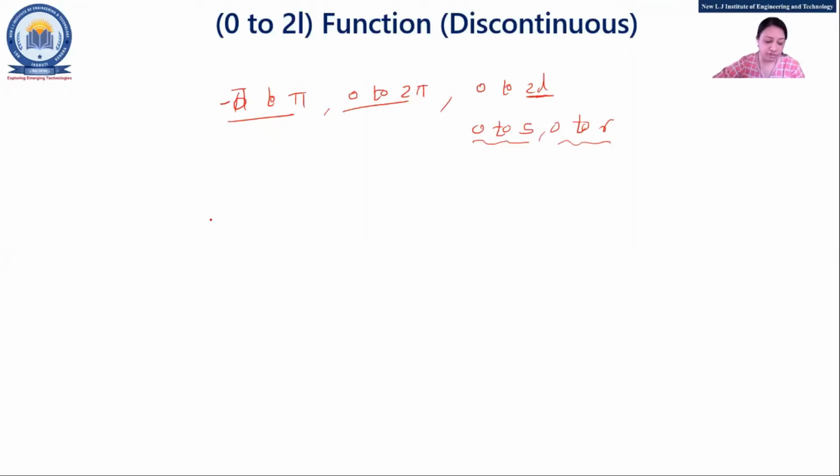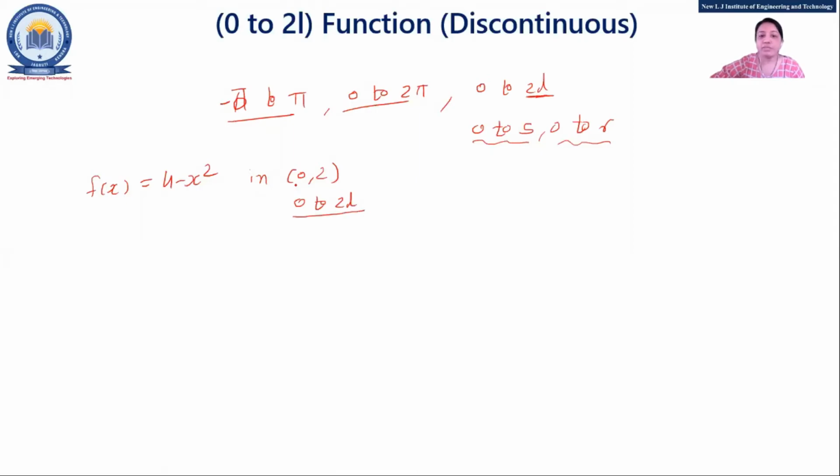Now, suppose we have one example. We'll directly take one example and solve it. Suppose I have f(x) equal to 4 minus x square in 0 to 2. So what you need to compare it with is 0 to 2L. This is the first thing.